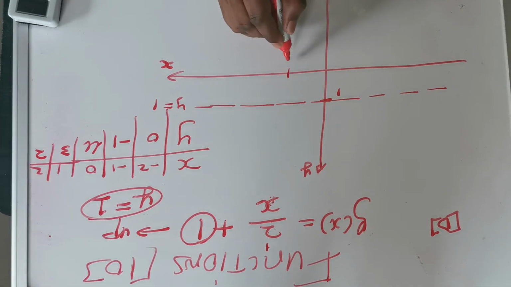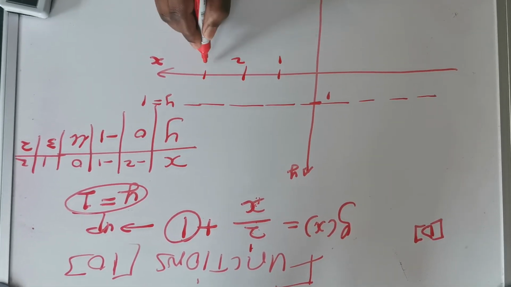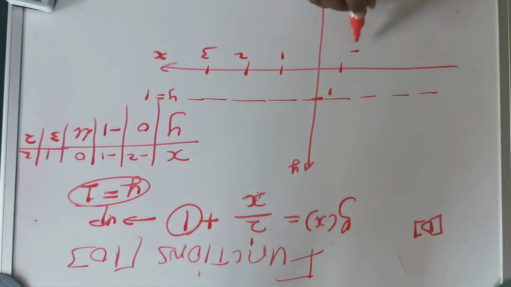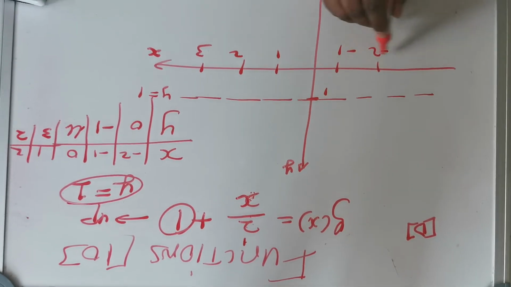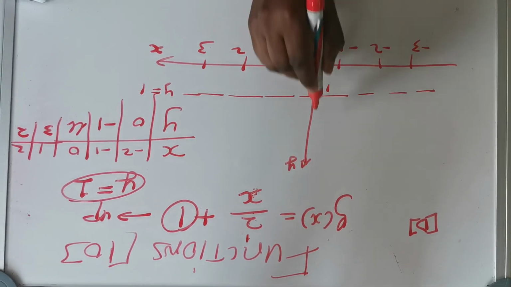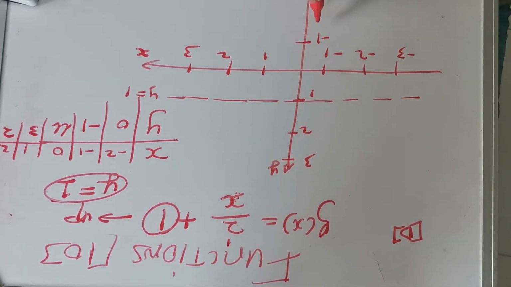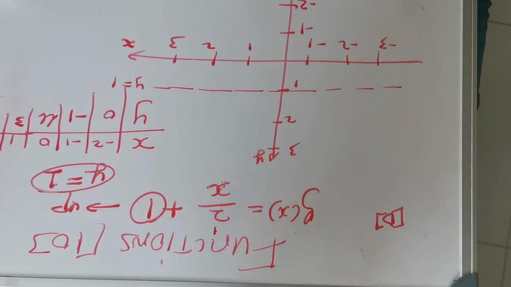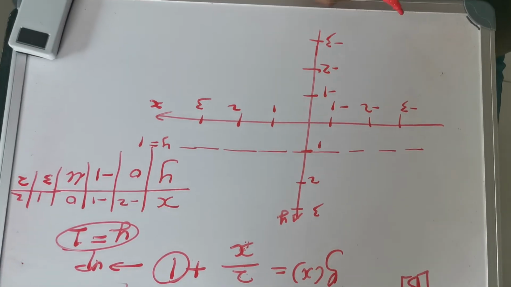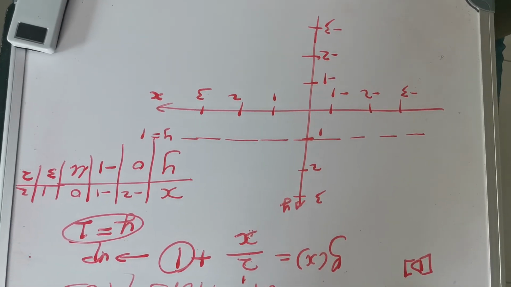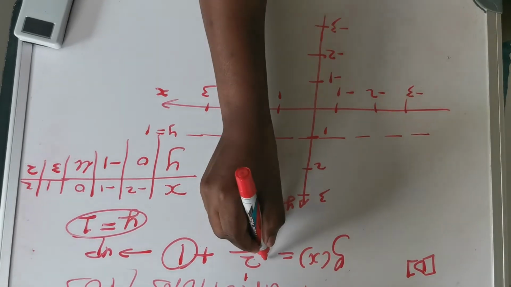So we can say this is 1, 2, this is 3. This is negative 1, negative 2, negative 3. This is 2 and 3. Obviously negative 1, negative 2, negative 3. For this one, this is positive.